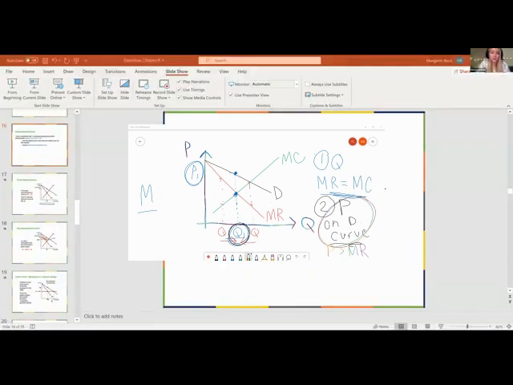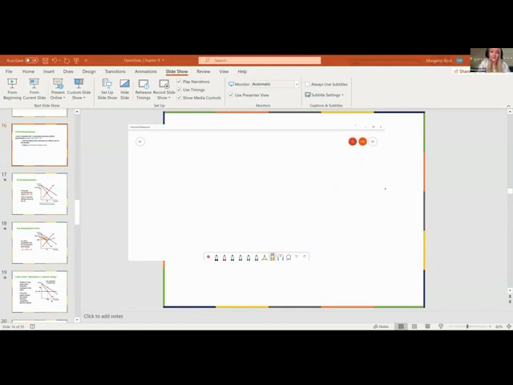I guess we can think about finding the profit maximizing price and quantity for a monopoly as a 3-step process. Step 1 would be finding the intersection point between marginal revenue and marginal cost. If you get this intersection point where these two intersect, great, you know what quantity the monopolist is going to produce.